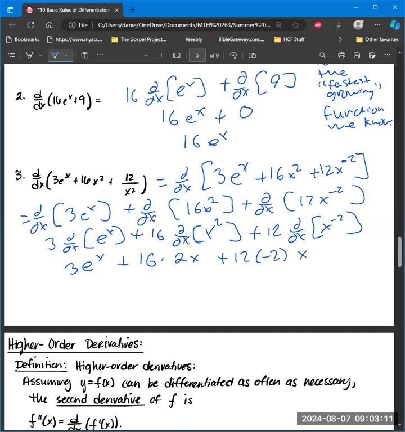X to the negative 2 minus 1 is a negative 3. So 3e to the x plus 32x minus 24 over x to the third.